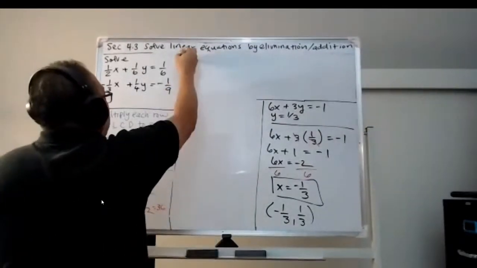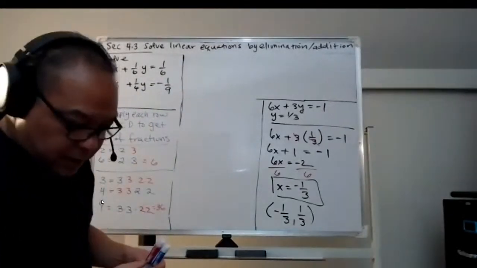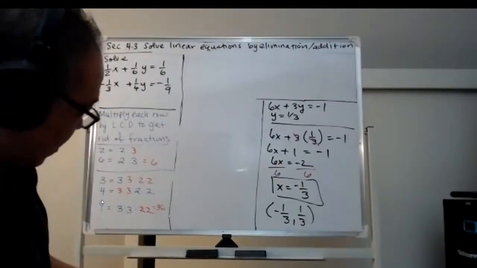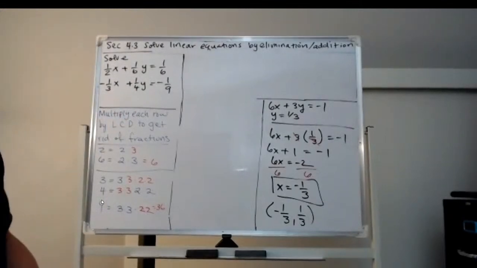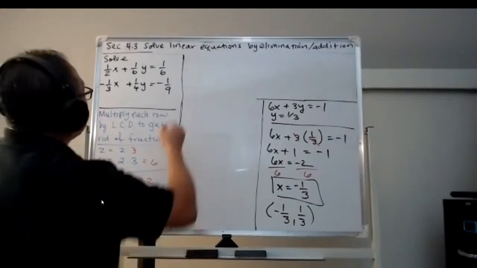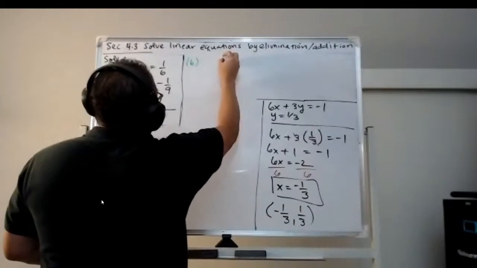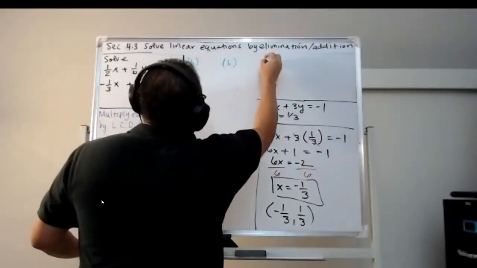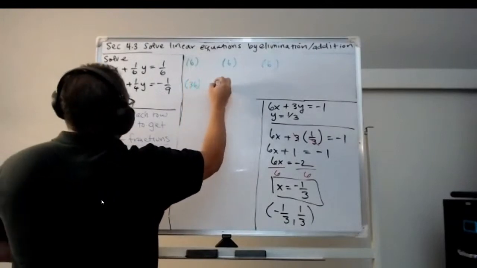So over here, we're going to multiply everything in this row by 6. Where's my orange pen? We'll use this. Okay. And on the bottom, we're going to multiply everything by 36.